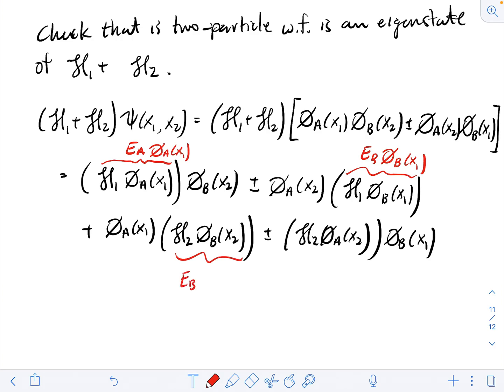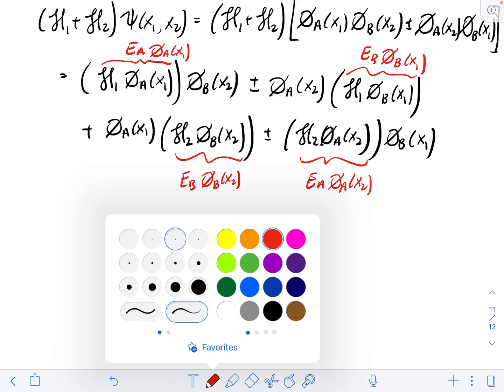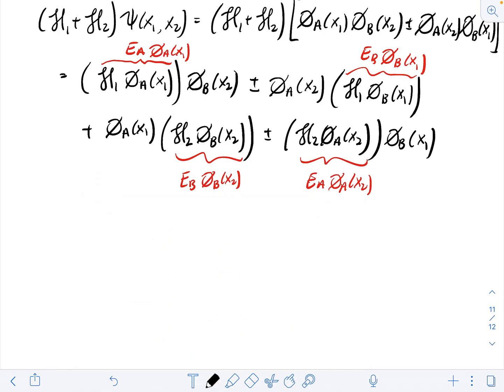Here we have particle 2 in state B, so we get EB phi b x2, and then here we have EA phi a x2.